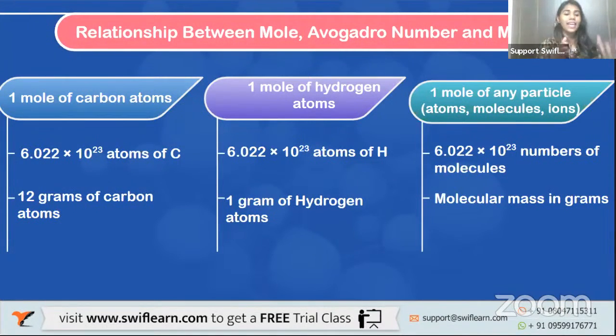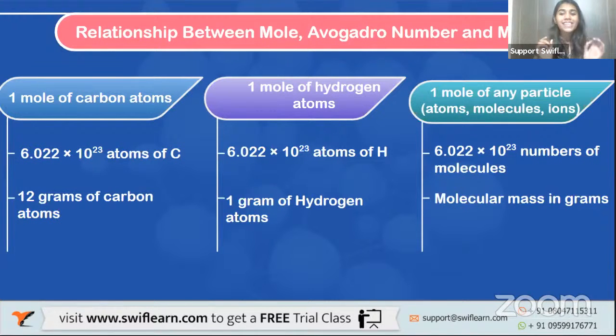Now I take in one hand 1 mole of carbon atoms. Okay, 1 mole of carbon atoms will have 6.022 into 10 raised to 23 atoms of carbon in it. This is also equal to 12 grams of carbon atoms. Okay, now if I take 1 mole of hydrogen atoms, it means 6.022 into 10 raised to 23 atoms of hydrogen.